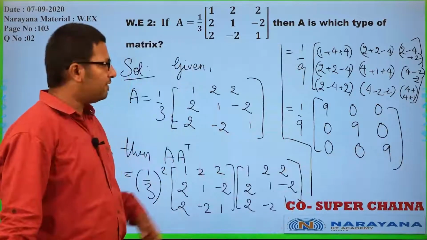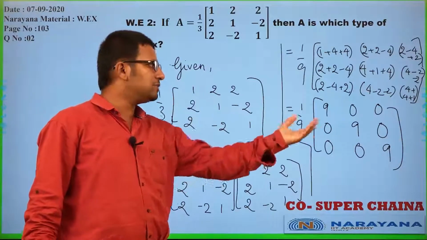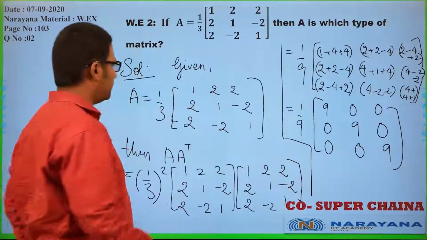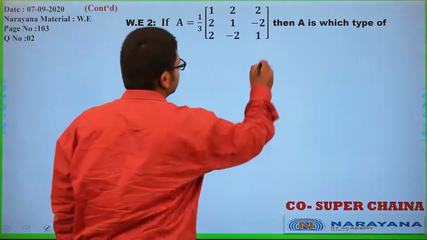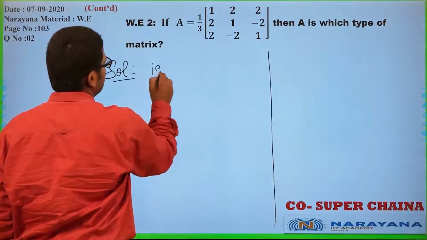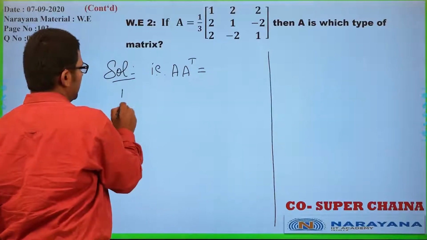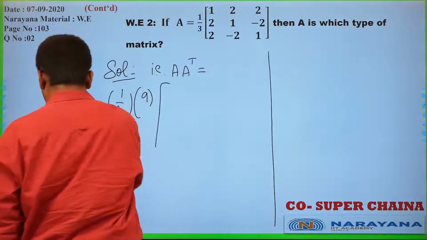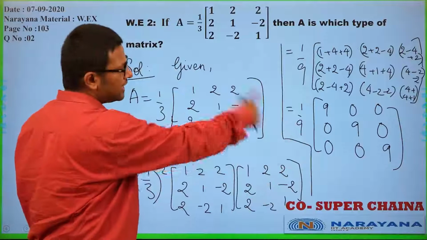Whenever a scalar is multiplied to a matrix, you can multiply it with all the elements, or you can bring anything common. So from the matrix I will take 9 out. We will say that AA transpose is 1 by 9, and I am going to take a 9 outside into, what happens when I take 9 outside? 0 will remain as 0, all the 9s will become 1.